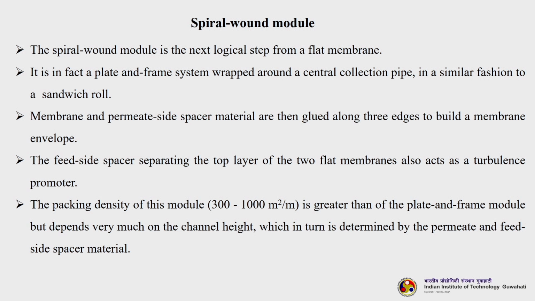Basically, spacers are screens or meshes, maybe of stainless steel or other metals and alloys. The packing density is greater than that of the plate and frame module. It is higher than that of the tangential flow systems, but depends very much on the channel height, which in turn is determined by the permeate and feed side spacer material.